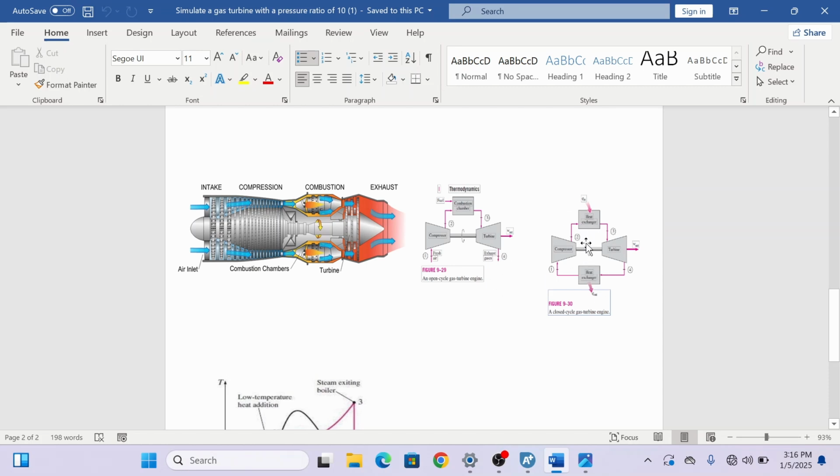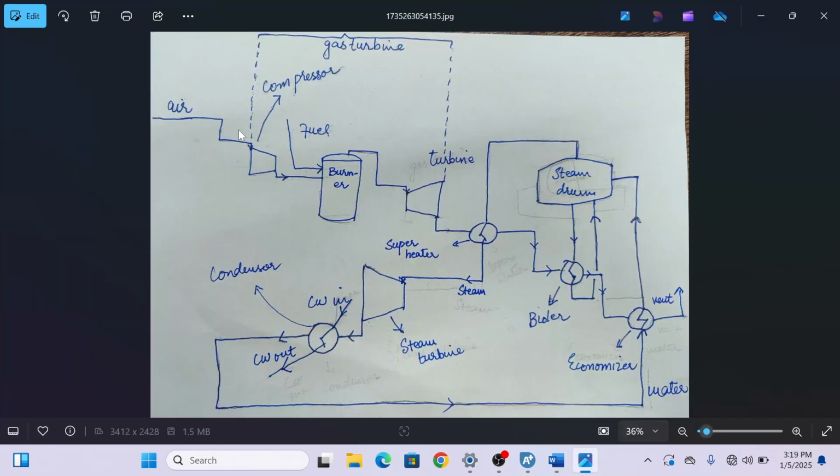For a closed cycle, the gases that are vented into the environment have to be recycled back into the compressor. We are simulating an open cycle gas turbine, and this is the ideal case, which we are not following. So before moving to our simulation, we will go through a simple flow diagram representing what we are simulating.